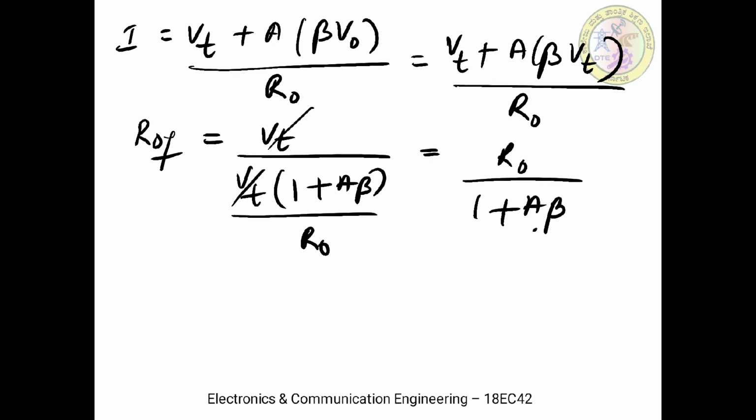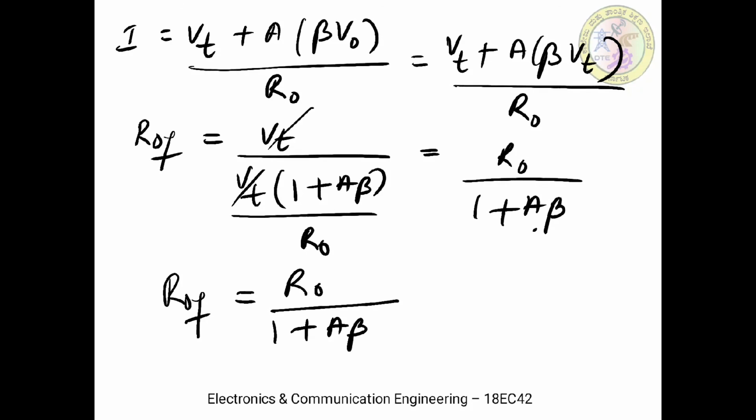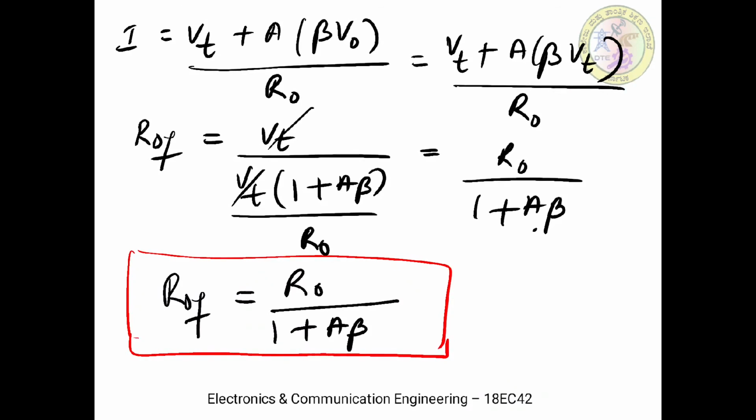Therefore in case of the shunt feedback configuration, the output resistance with feedback ROF will be R0 by 1 plus A beta, that is, it is reduced by a factor 1 plus A beta.